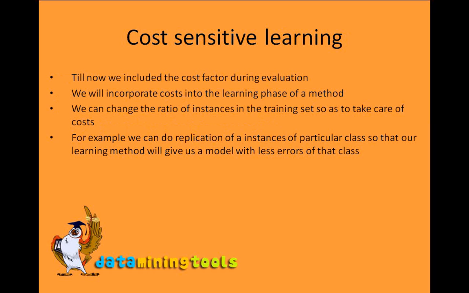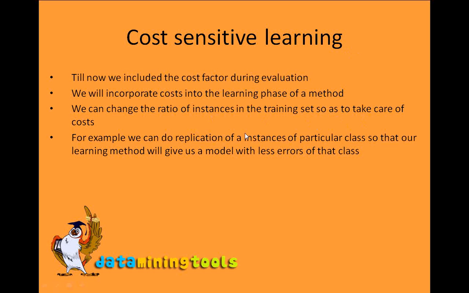Now we come to cost sensitive learning. In the previous instances we basically took cost under consideration while testing. Now we will include cost while we are learning. To do this, we can modify our training set. How can we modify our training set? We can change the ratio of instances in the training set so as to take care of the cost.